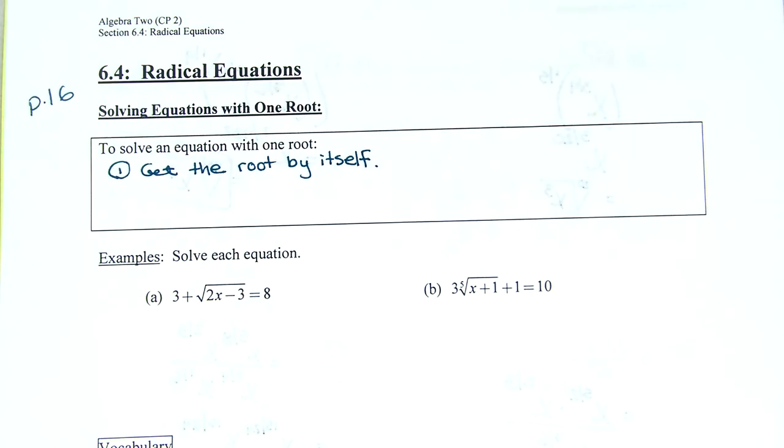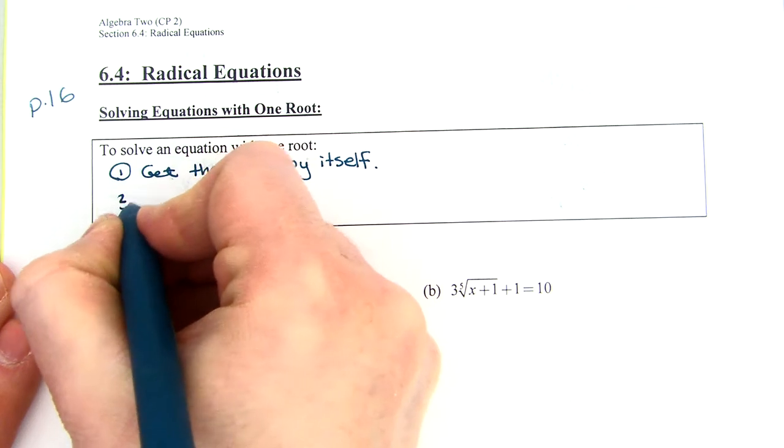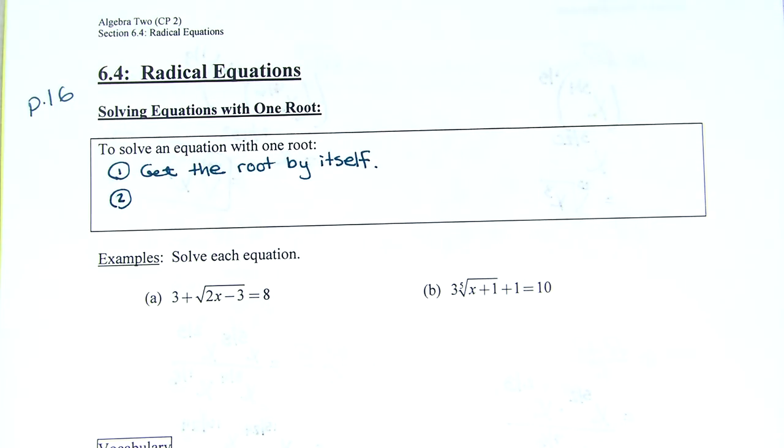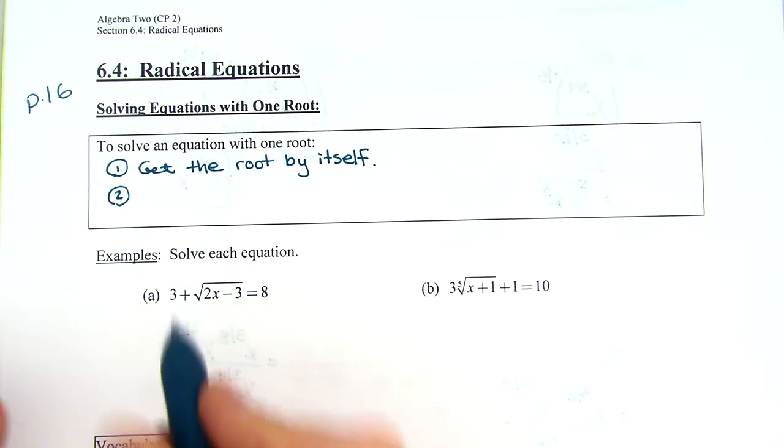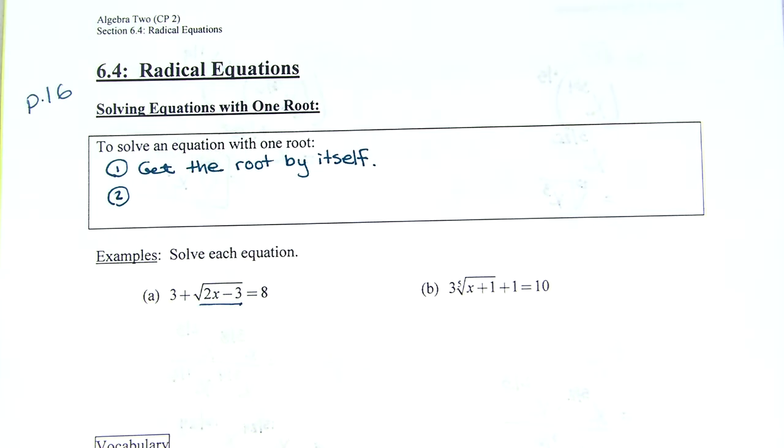To solve an equation with one root, first we're going to get the root by itself. And you know what? Let's stop for right now and go on to letter A and do that. I need to get this root by itself.